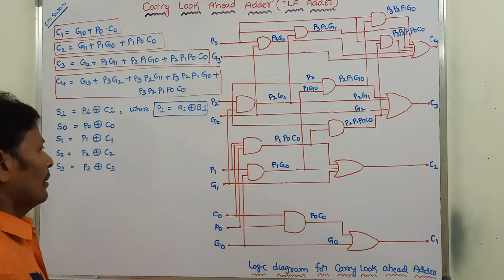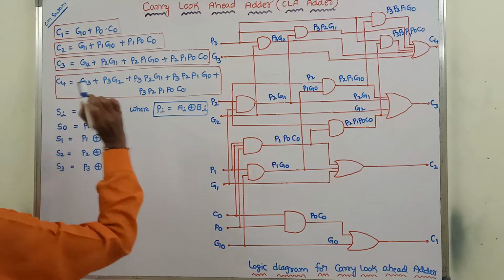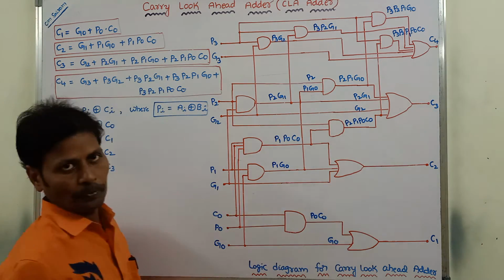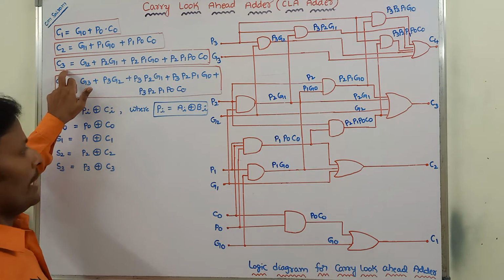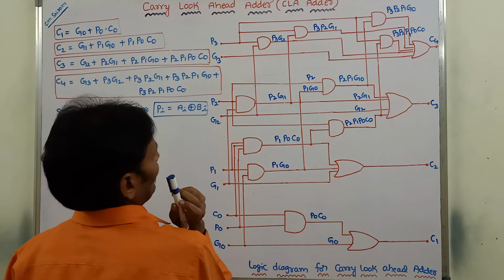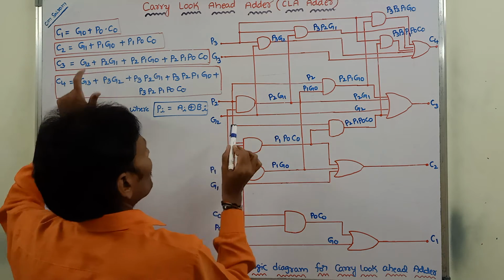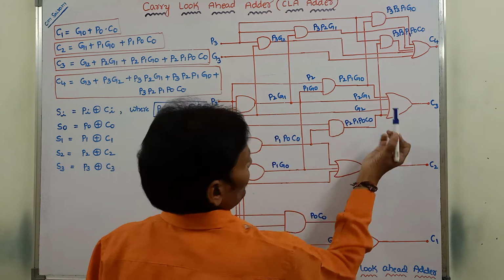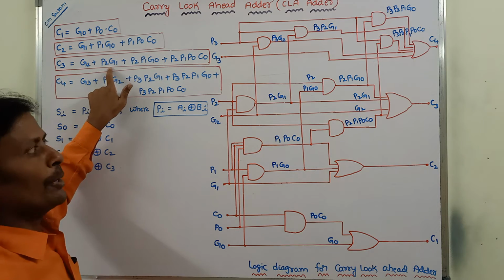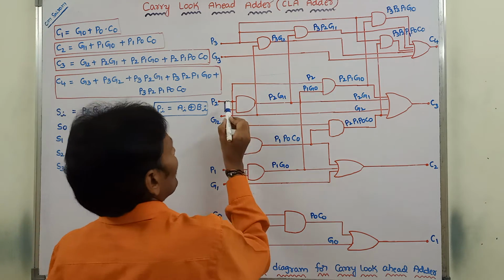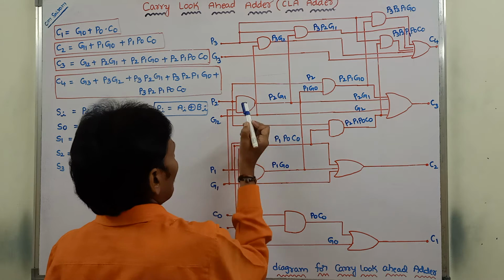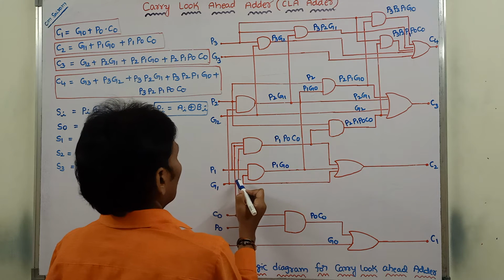Now, how is C3 calculated? C3 is equal to, first, G2. So this is the G2 line. Next, P2 G1: this is the P2 line and this is the G1 line.